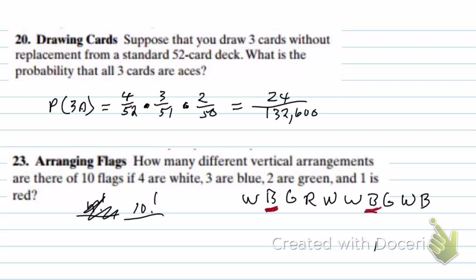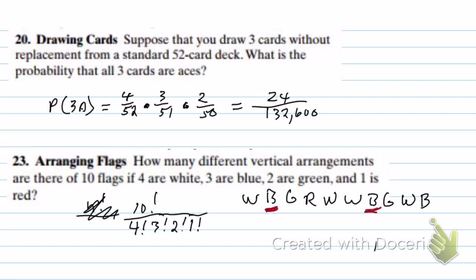I don't want to write the formula out because it can be confusing. So then I just take each color and make it factorial. So I've got white ones, 4 factorial. 3 blue, so that's 3 factorial. 2 green. And 1 red.